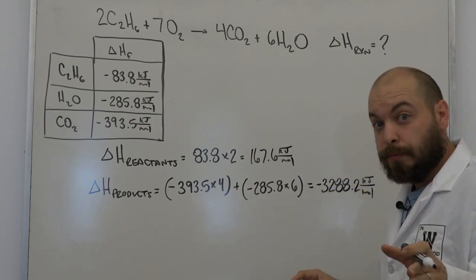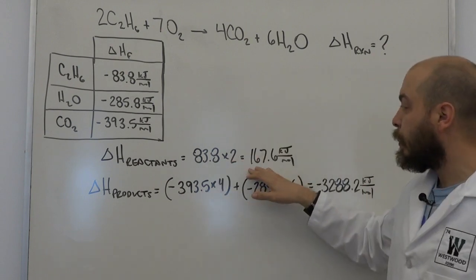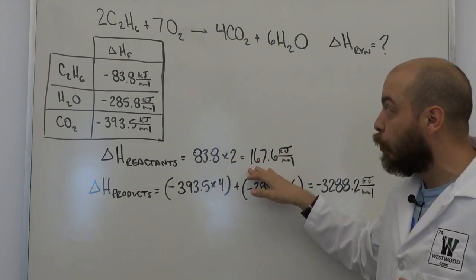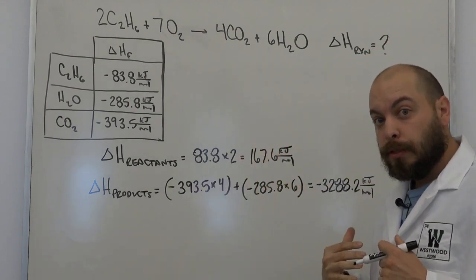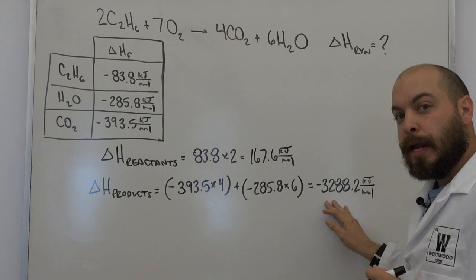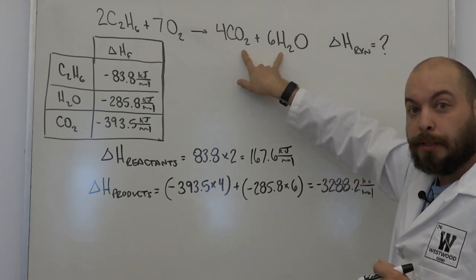What this means is in the course of this reaction, I had to put in 167.6 kilojoules to break apart my reactants. I then got out 3,288.2 kilojoules per mole when I formed these two products.